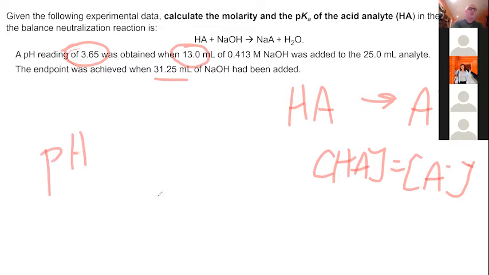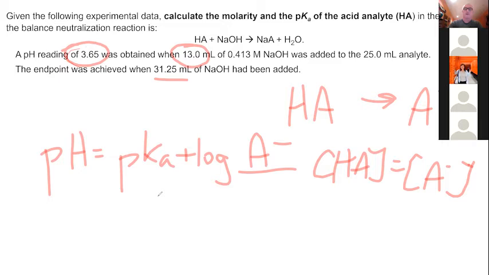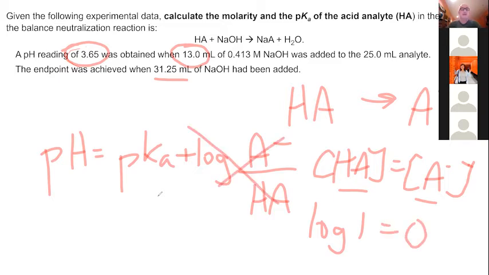And that's important because of our old friend, the Henderson-Hasselbalch equation, which says pH equals pKa plus the log of the concentration of the conjugate base divided by the concentration of the acid. And when the acid and the conjugate base equal each other, that is log of 1, and that equals 0. So at that point, the pH is approximately equal to the pKa. It's a good way of estimating what the pKa is. Go back and see about halfway to the equivalence point what the pH was. But we're not halfway this time.